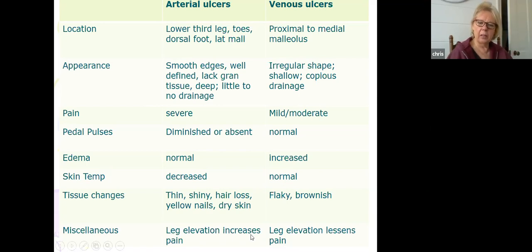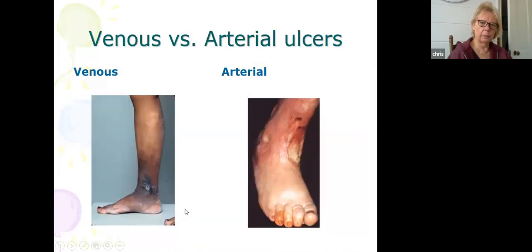Miscellaneous: leg elevation increases pain for arterial. So this person feels better with their legs hanging. For venous, leg elevation lessens pain. So this person feels better with their legs elevated and wrapped. Compression wraps for venous, no compression wraps for arterial.